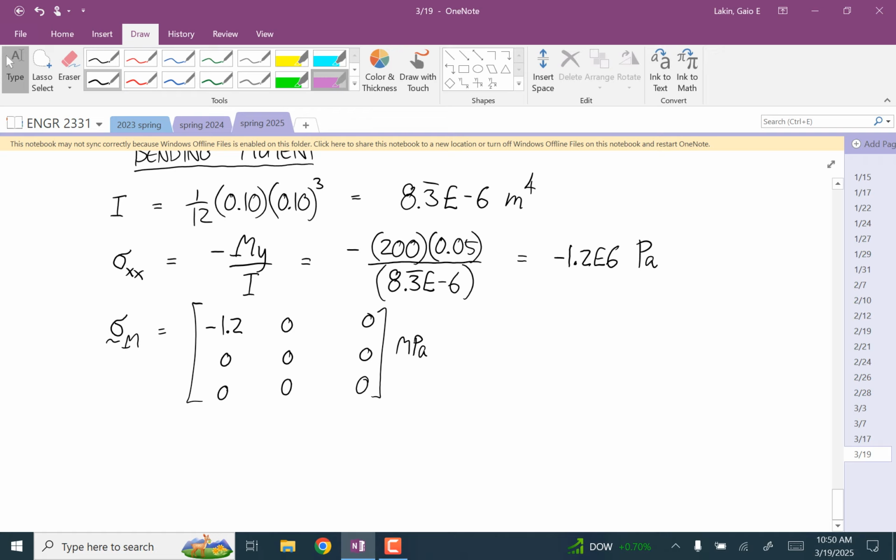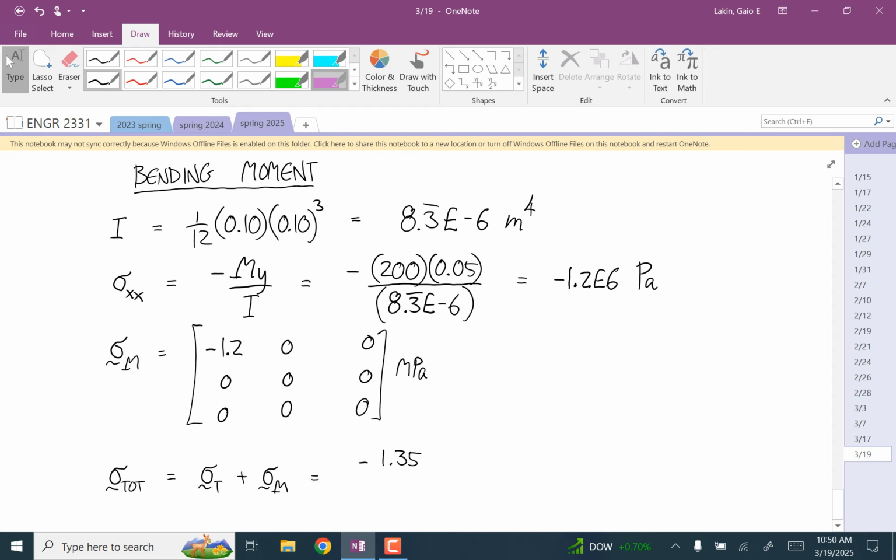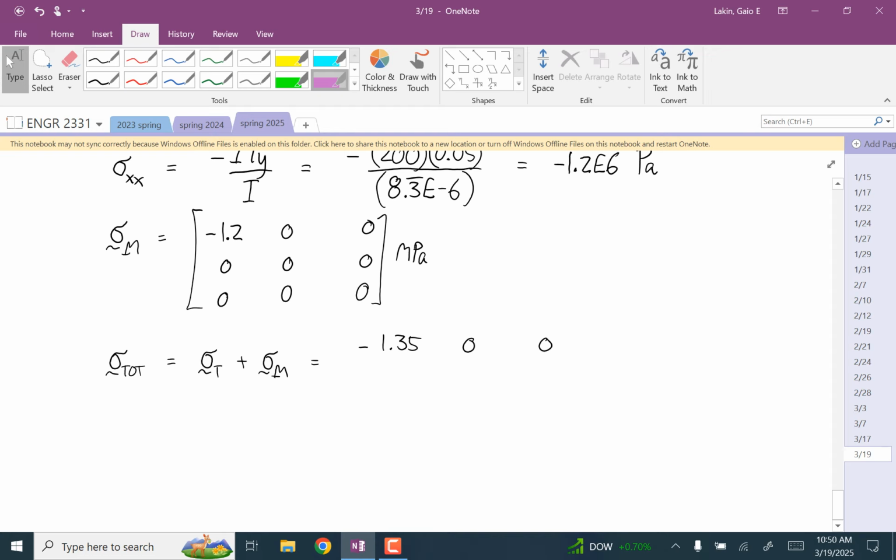And so for this square cross section, the total stress tensor is the sum of the one due to internal tension plus the one due to the bending moment, and that is negative 1.35, zeros everywhere else. Okay? Any questions about that?